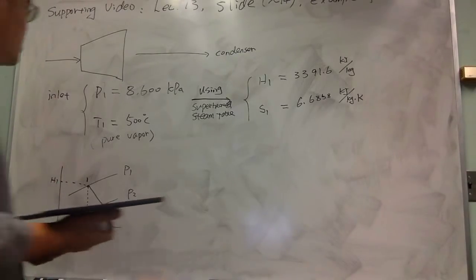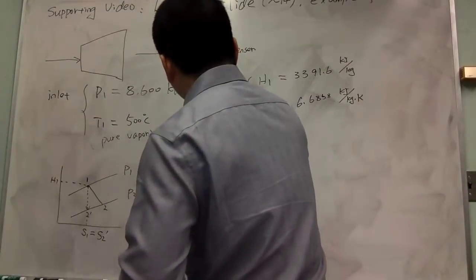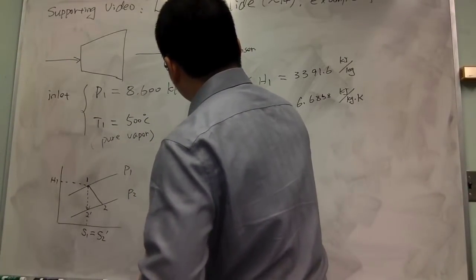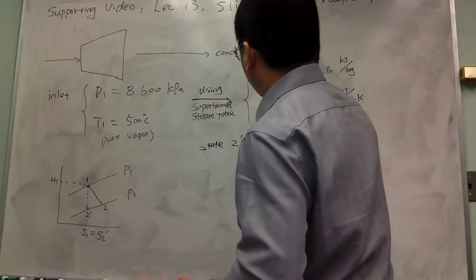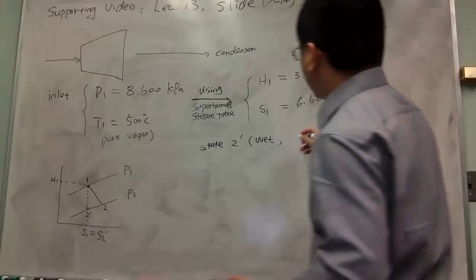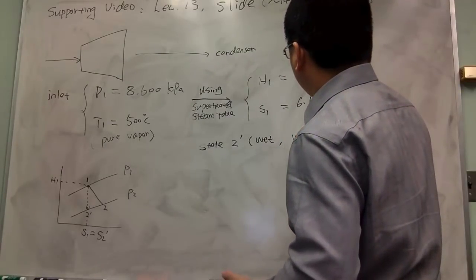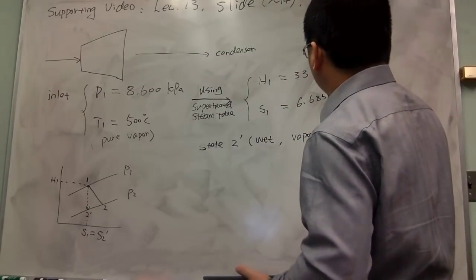So I'm going to have this state 2 prime, which is also wet, meaning vapor plus liquid.